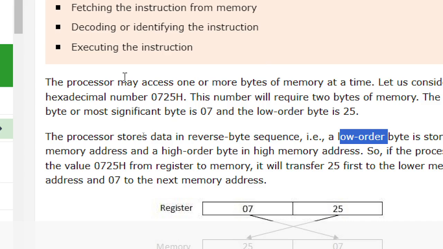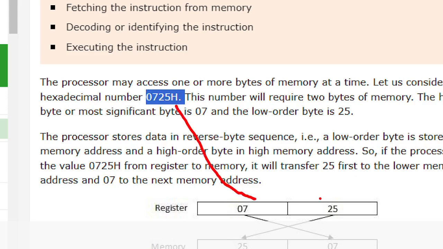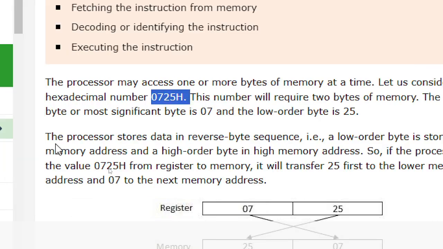Okay. The processor may access one or more bytes of memory at a time. Let us consider the hexadecimal number 0725H. So this 0725 is this one. Okay, the number will require 2 bytes of memory. Okay, the high order byte is 07, the most significant byte, and the low order byte is 25.